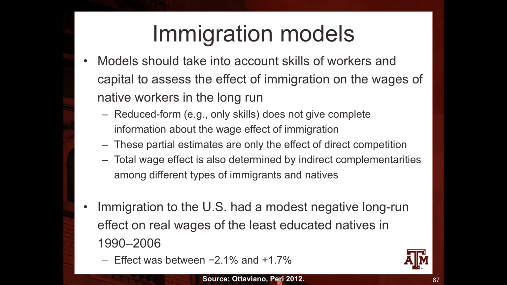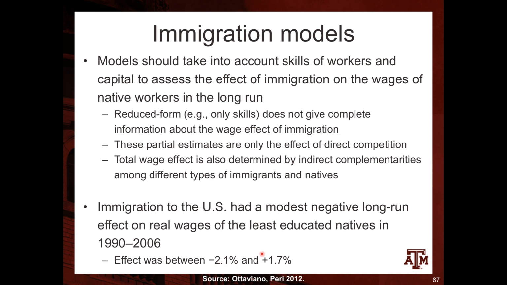So overall, what these authors emphasize is that immigration to the US had a modest negative long-run effect on real wages of the least educated natives between 1990 and 2006. So they measure that the effect of immigration on the long-term earnings of US-born workers was between minus 2.1% and positive 1.7%.